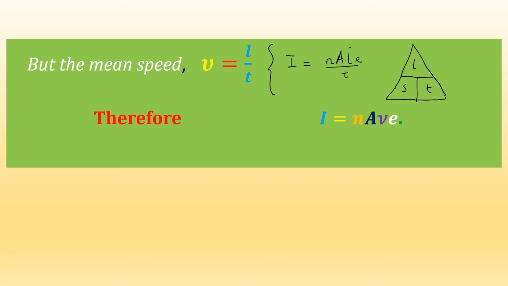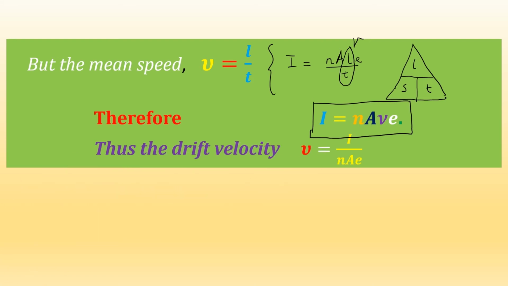Therefore, I becomes the product of the number of electrons per unit volume times the area times the velocity, what we call the mean speed, times the electron charge. Thus, the drift velocity from this equation becomes v equals I divided by n times e times A.